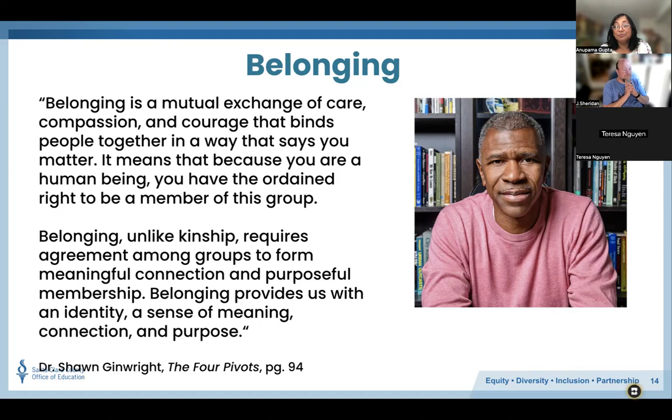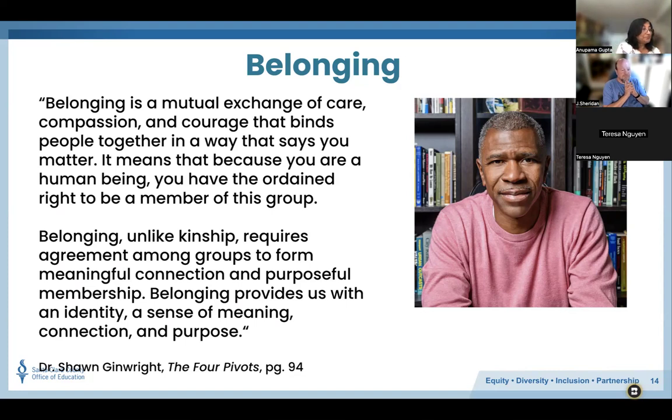It means that because you are a human being, you have the ordained right to be a member of this group. Belonging, unlike kinship, requires agreement among groups to form meaningful connection and purposeful membership. Belonging provides us with an identity, a sense of meaning, connection, and purpose.